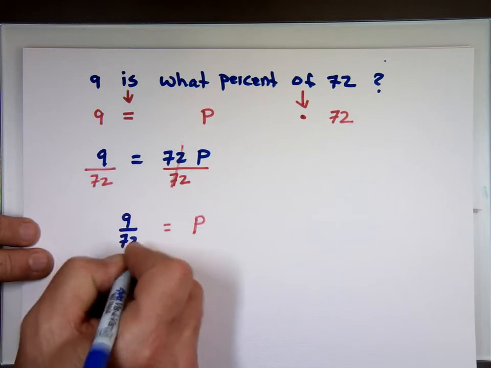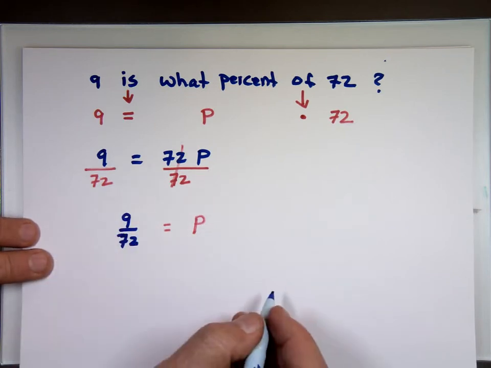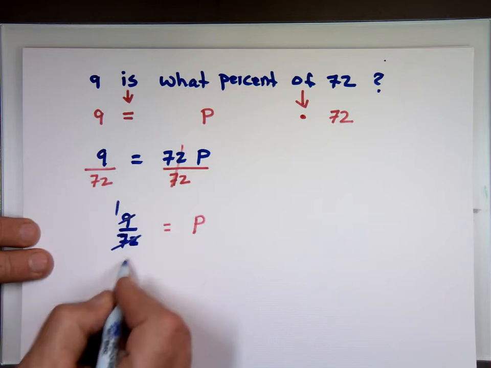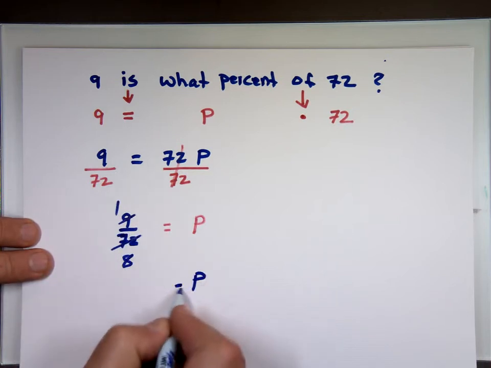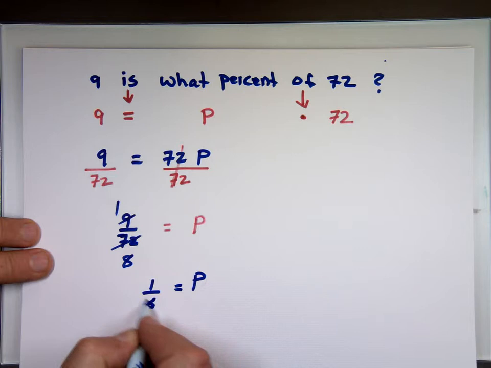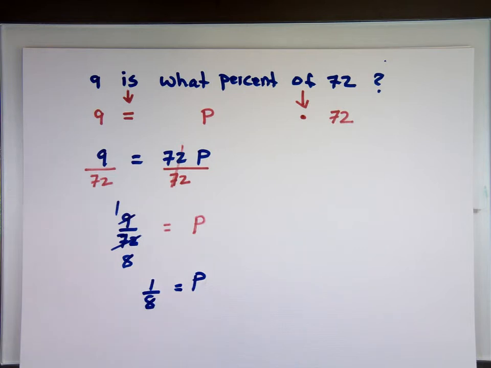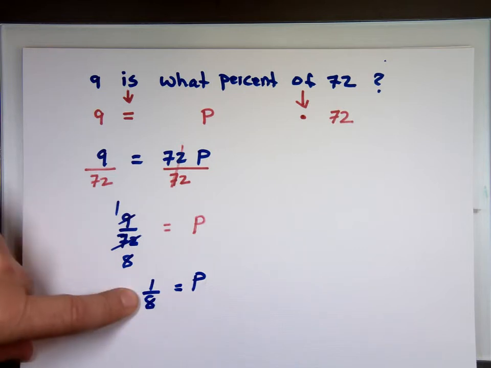Can we simplify that? Yes. 1 over 8. That won't be your answer. Why? Because that number now is a fraction. You need to convert that number from a fraction to what? To percent. How do you go from fraction to percent?